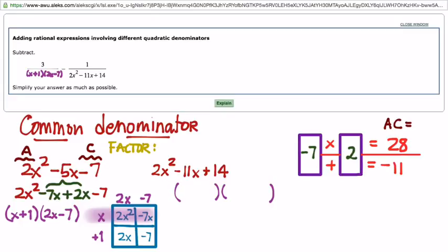And so instead of negative 7 and 2 winning this game, this time we have negative 7 and negative 4. Double check that one on your own. They multiply together to give us positive 28, and they add together to give us negative 11. So that my middle term splits into minus 7x minus 4x. And then my constant here at the end is 14.